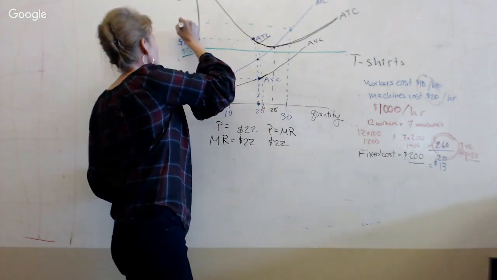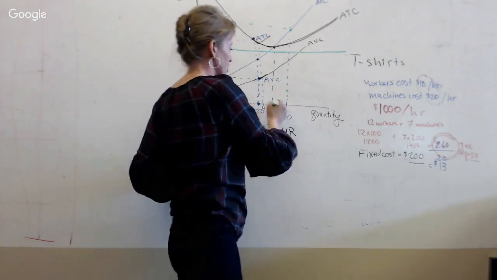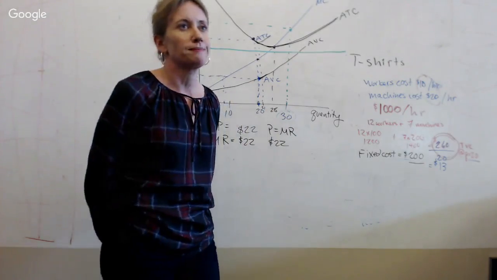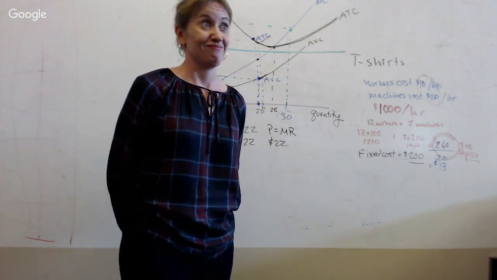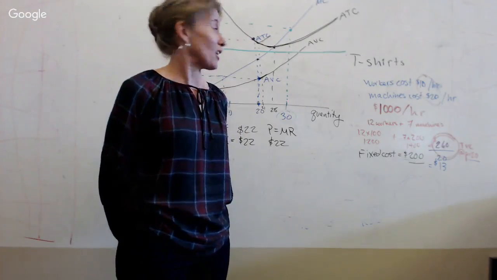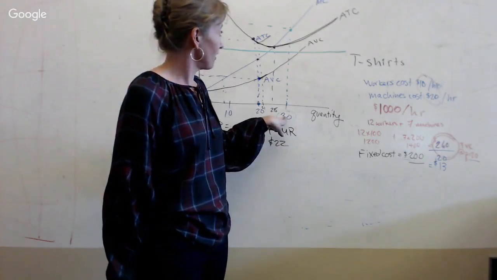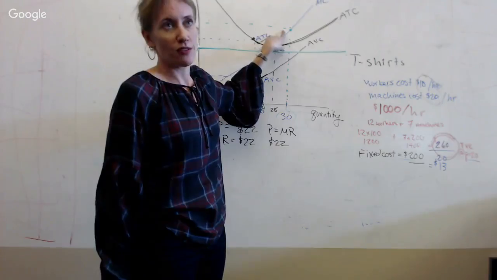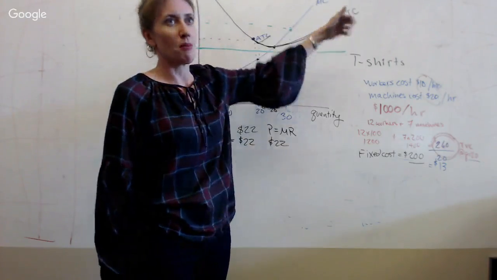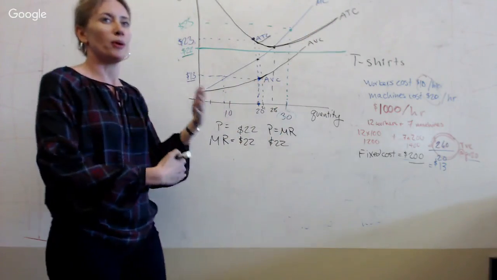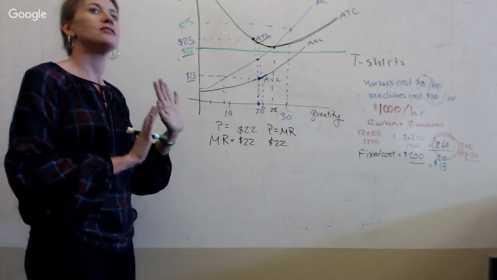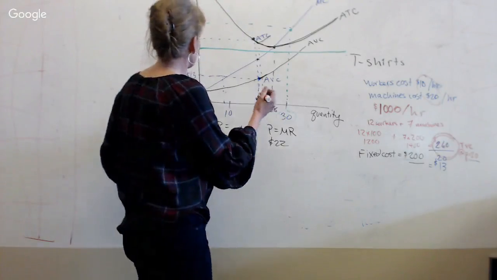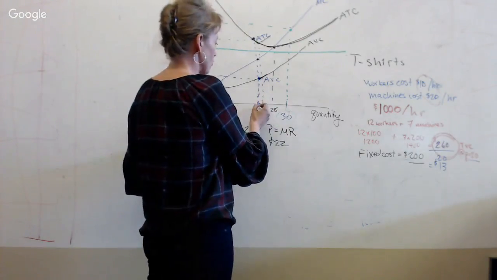This looks like 25. The 30th t-shirt cost us $25 to produce. What is my colleague going to tell me? Producing too much. This shirt right here, I only got to collect $22 on it, and it cost me $25 to produce. We're facing increasing marginal costs, so we should back up a bit. Cool off, not produce as many t-shirts. So we're going to take a look at some different quantities. Maybe we choose 20.